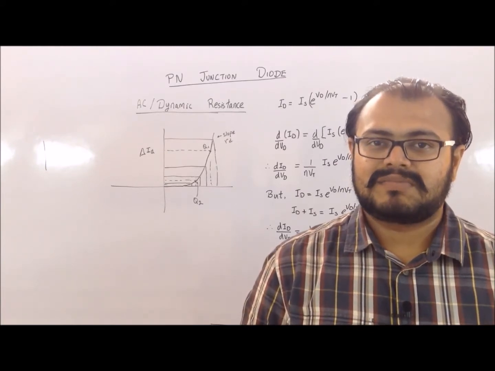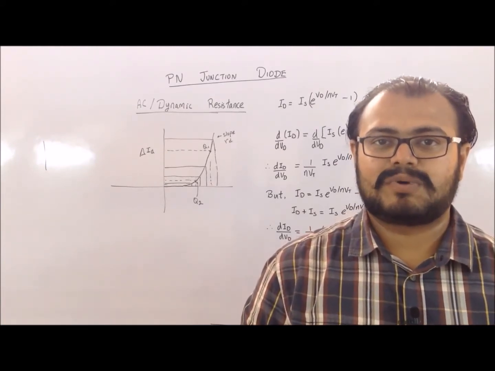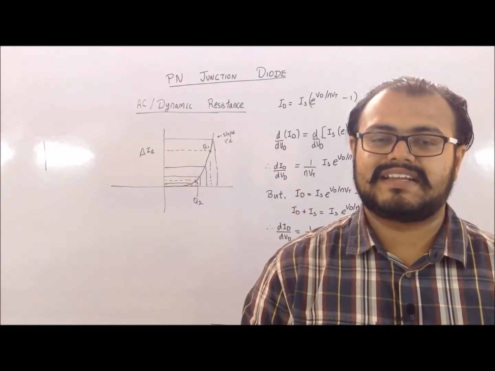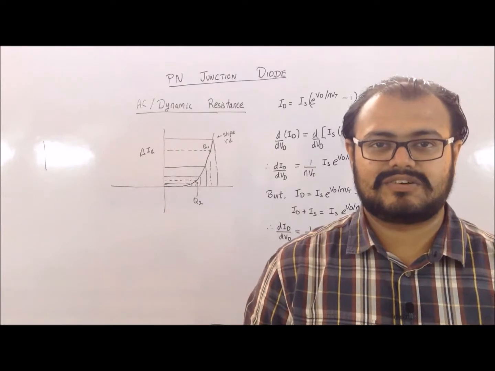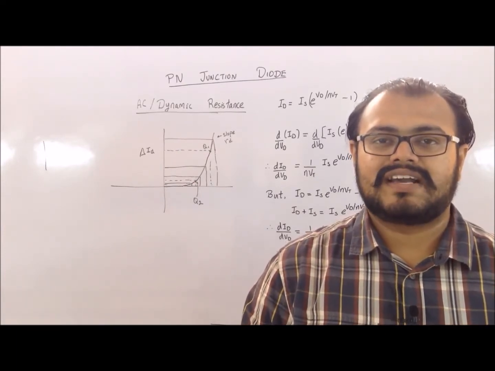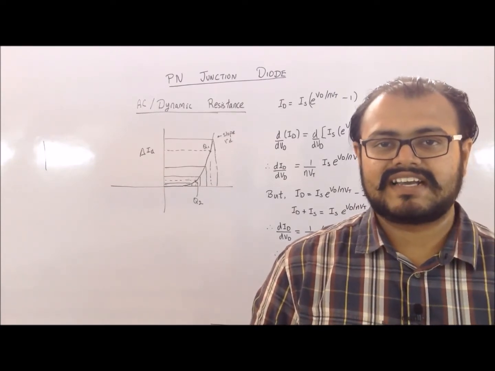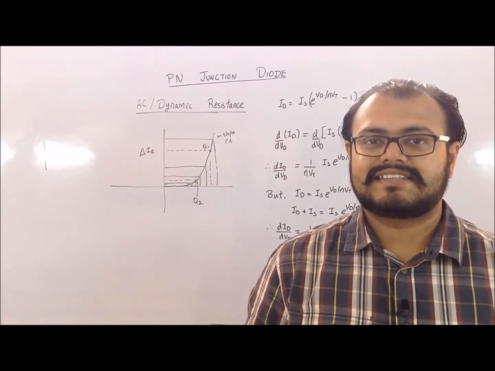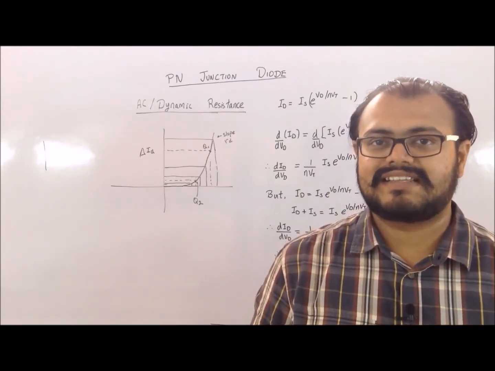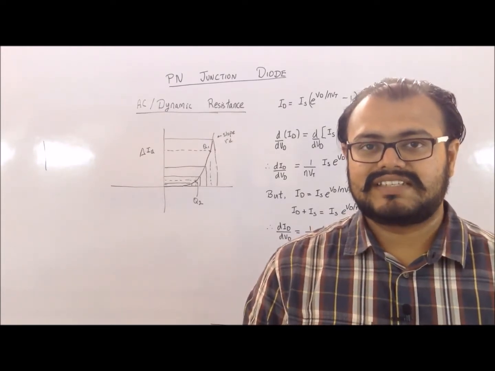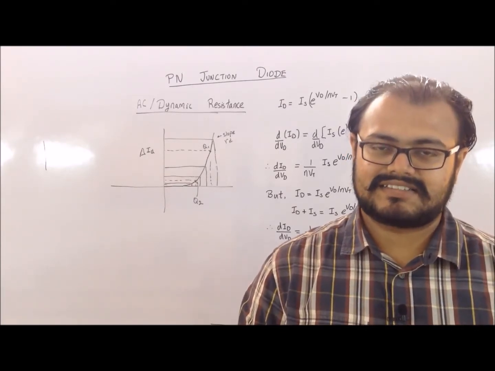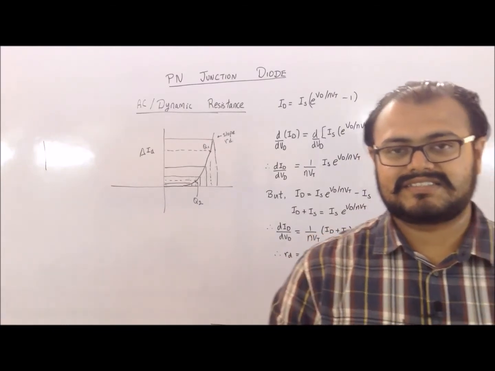We had ignored the other resistance which is called the body resistance, which is because of the material of the PN junction diode, that is the silicon material, and also the contact resistance. Now this contact resistance is because of the resistance which is present between the connection of the semiconductor device and the metallic contacts.